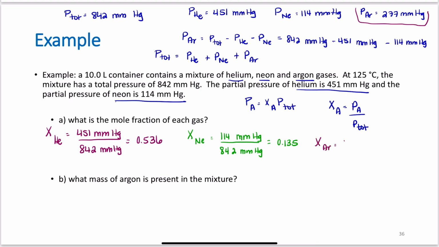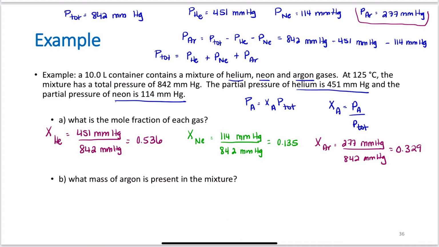Partial pressure of argon, 277 millimeters of mercury divided by 842 millimeters of mercury gives me 0.329. Again, no units. Now I made the comment offhandedly that I didn't actually have to calculate the partial pressure of argon. I need it later, so it's helpful to have.